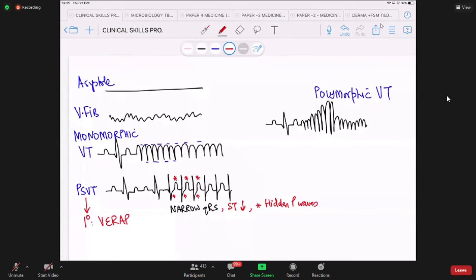Guys, you need to get answers correct. For prevention, it is verapamil. It is not adenosine. And what is the best way for prevention? The best way for prevention is burning the abnormal electrical circuit. We call it radiofrequency ablation. Prevention of PSVT is going to be RFA.